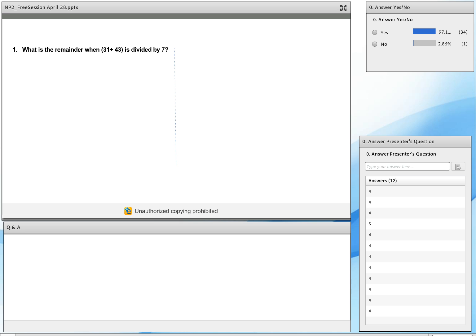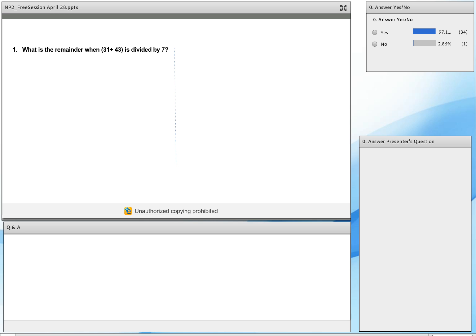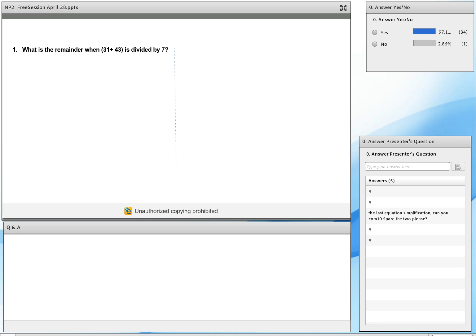Okay, that's correct. Now, how did you solve this question? The answer is 4. Now tell me, how did you solve this when I told you? Okay, get it in the form of 7x plus r, add both remainders. Absolutely right.